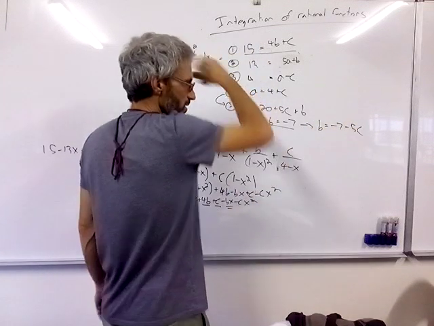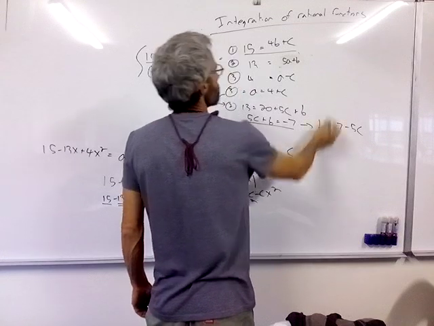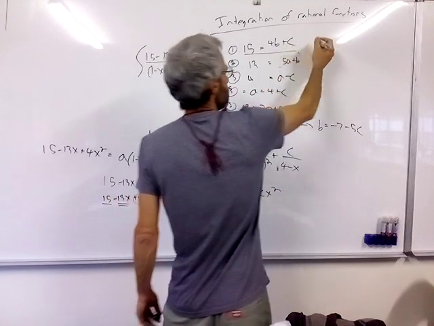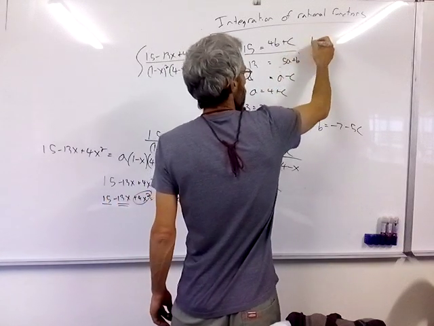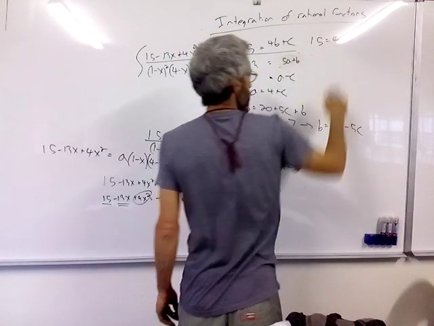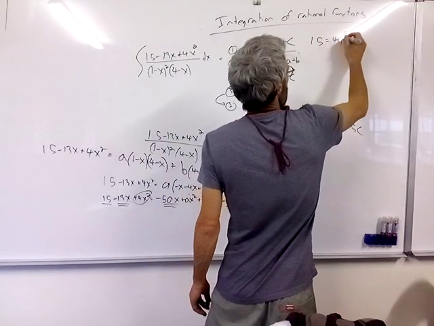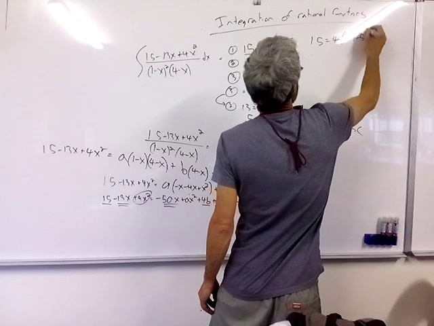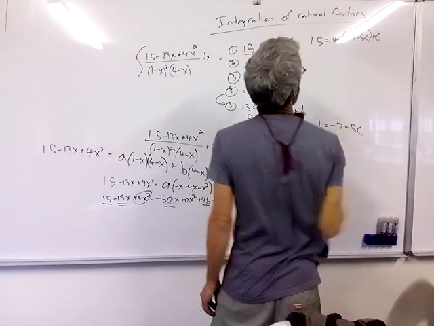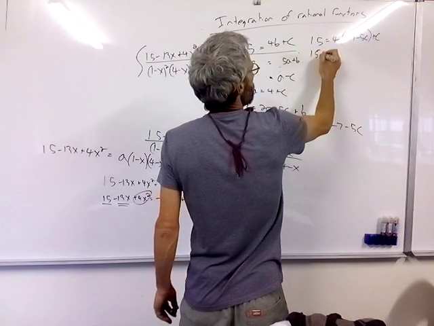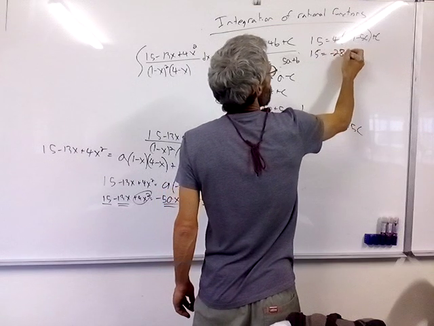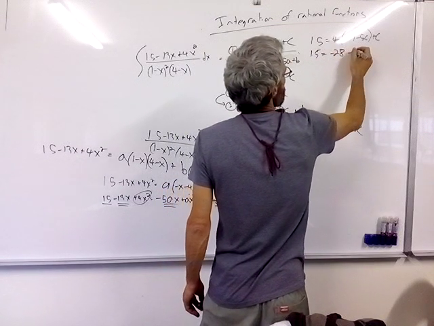Oh, it's a long question. Now I express b in terms of c, I can feed it into here. So I'm going to write that again, 15 equal 4. Instead of b, I'm going to write minus 7 minus 5c plus c, that's it. 15 equal minus 28 minus 20c plus c.